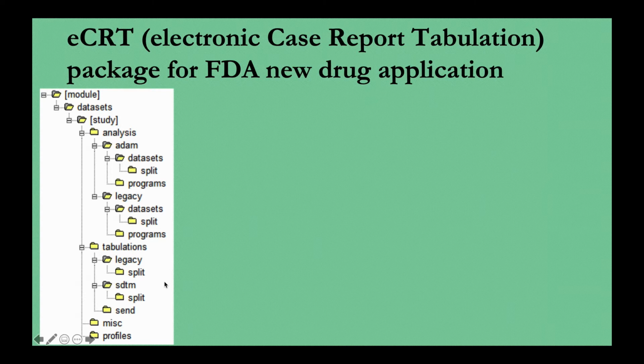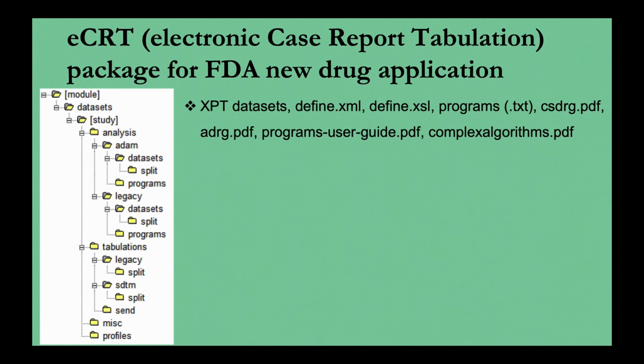Okay, so let's see what kind of files we should put into the folders and where we should put them. For your analysis dataset, you will put these three kinds of files: XPT datasets, Define.xml, and the Define style sheet file.